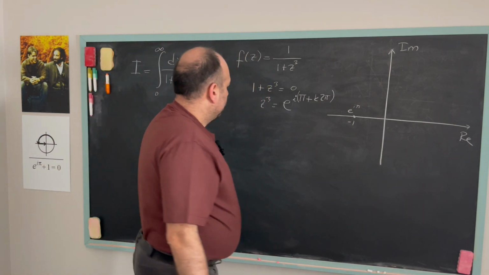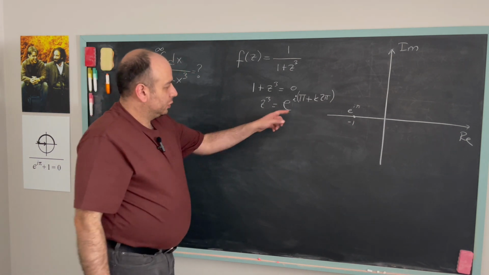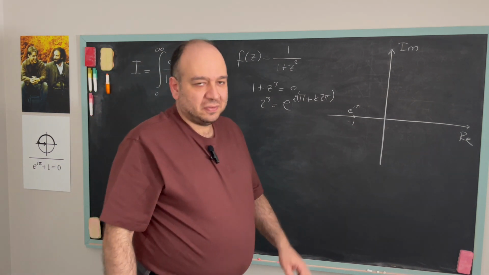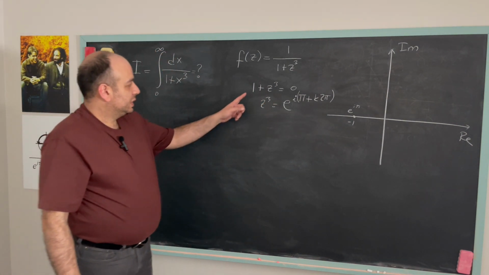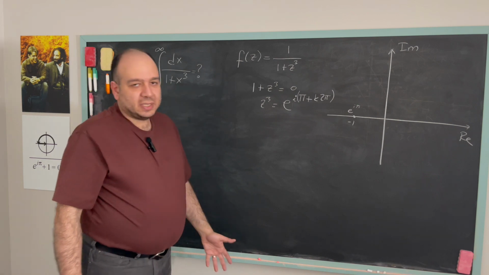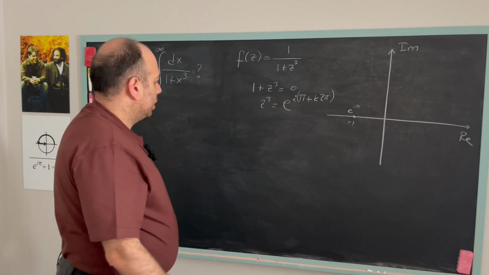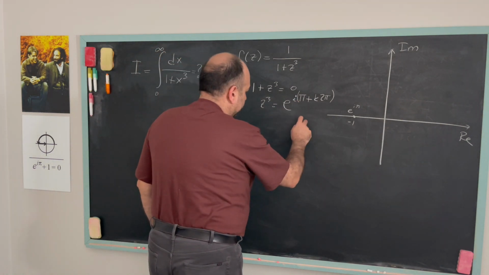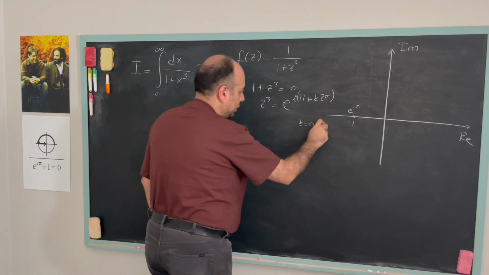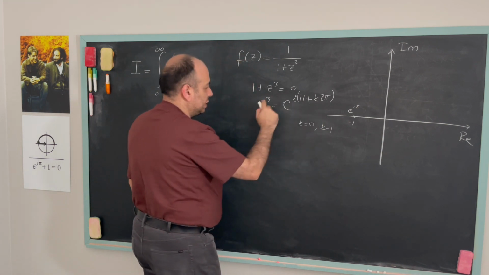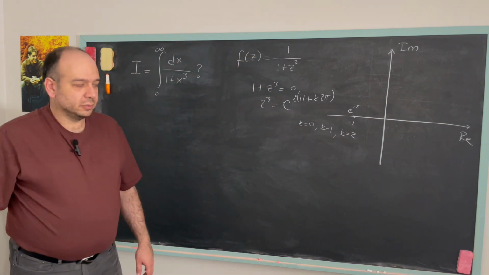When we use this and take the cube root of both sides, we will actually have 3 roots, because this is a cubic, so it should have 3 complex roots. Here, k equal to 0 corresponds to the first root, k equal to 1 to the second one, and k equal to 2 to the third root.